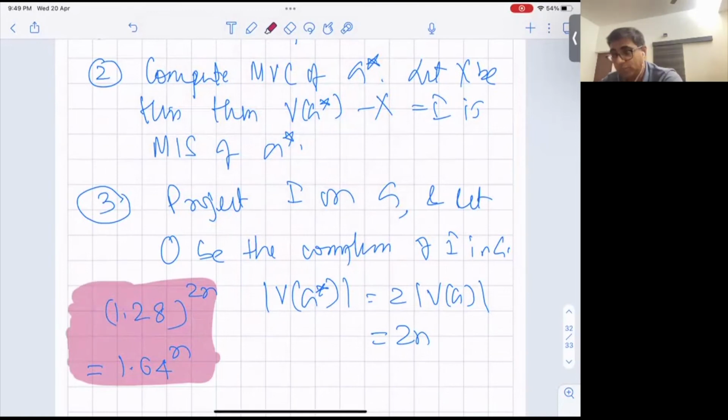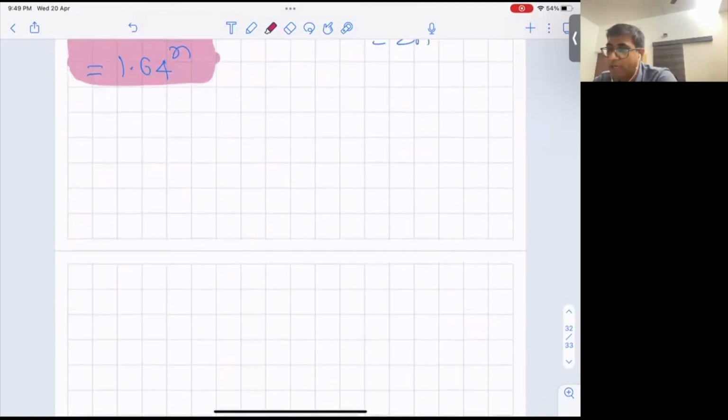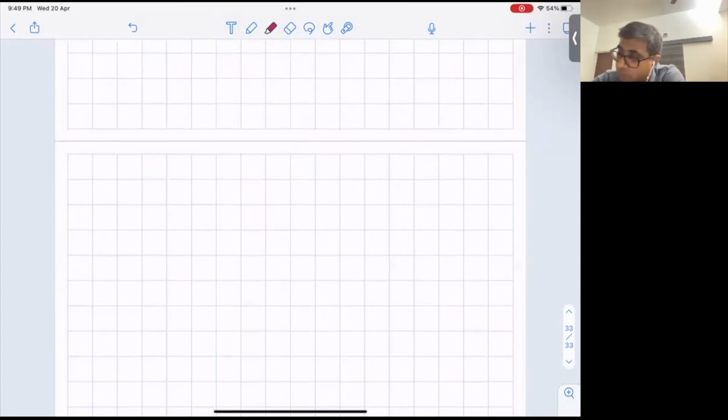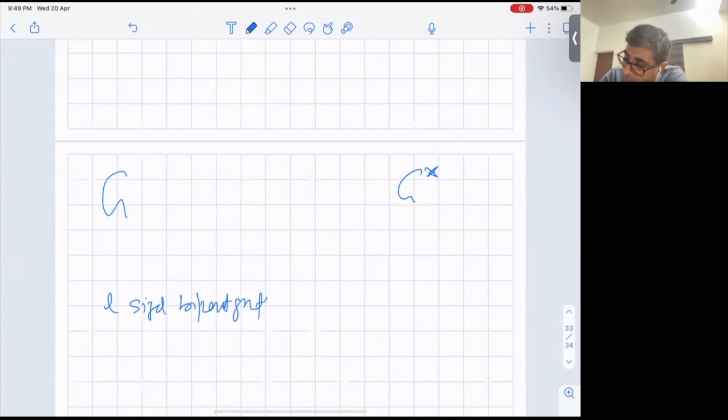Now I want to go back to G and G star. If you had an L-sized bipartite graph, it became an L-sized independent set.